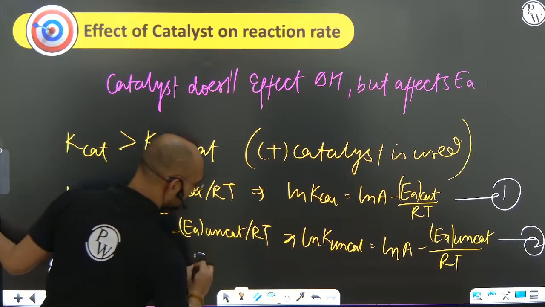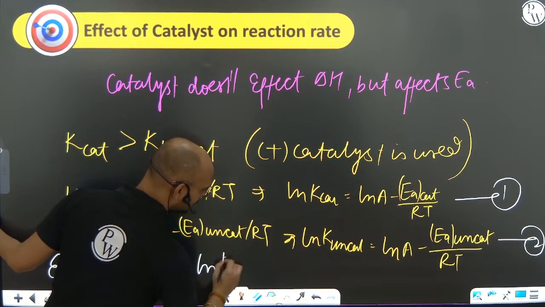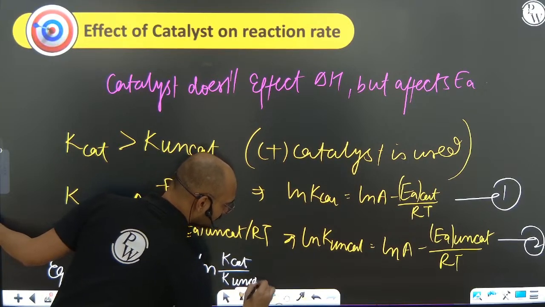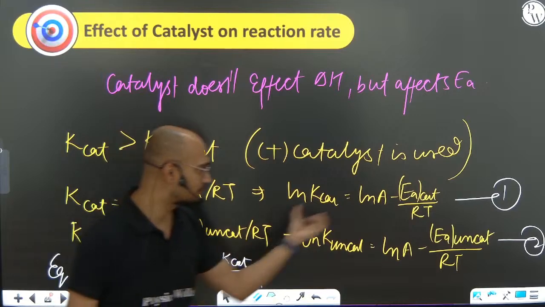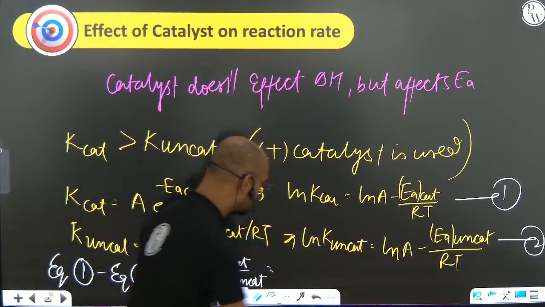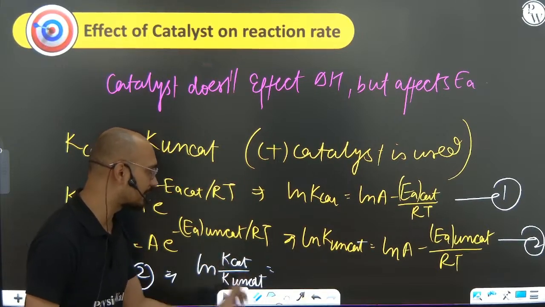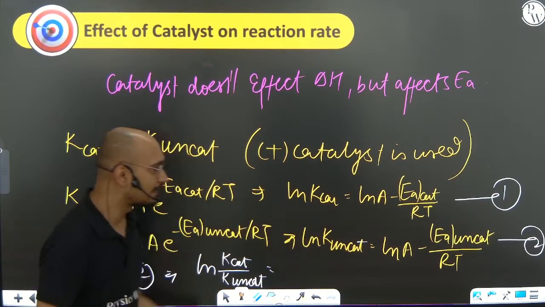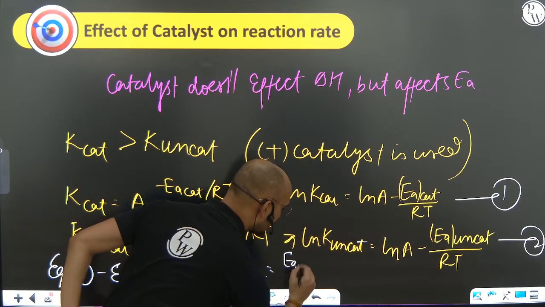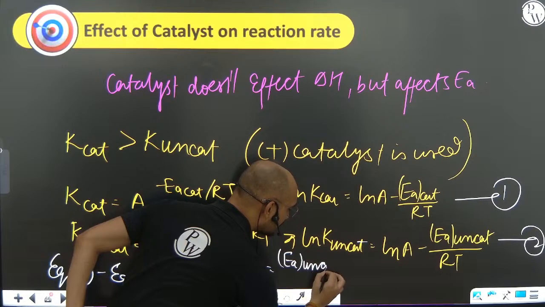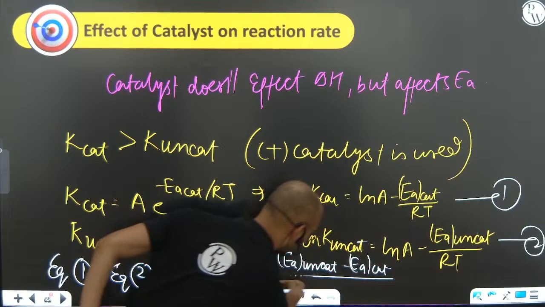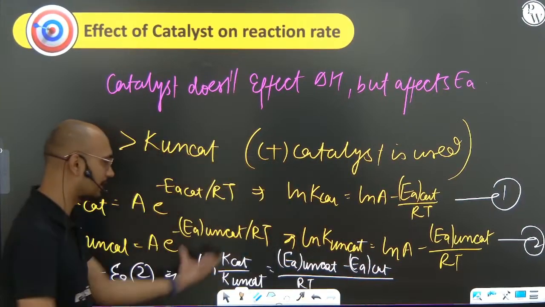What will you get? ln of K catalyzed minus ln of K uncatalyzed equals, because log A minus log B equals log A by B, ln of K catalyzed by K uncatalyzed equals, ln A cancels, because negative of negative will be positive, so EA of uncatalyzed minus EA of catalyzed by RT. Please keep in mind, that is how it happens.